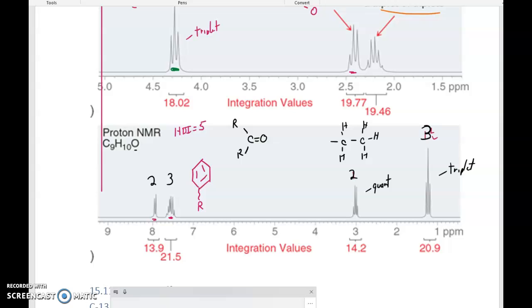So let's put all of these together. And so we'll get our ring, get our carbonyl, and then we'll get our other 2 carbons. And if you check, that will fit all the criteria.